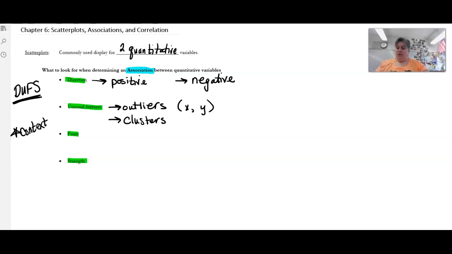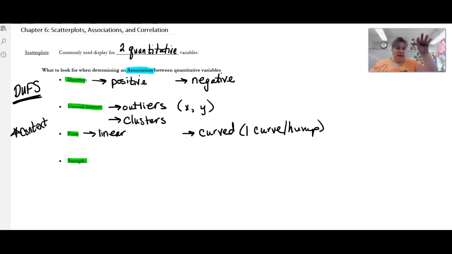Okay, when describing form, there's actually four forms. There's linear, which is what it sounds like, a line. There's, I'm going to put the next one here, curved. Now here's the thing with curved. Curved only has one hump. It has one curve. So quadratics are curved, exponentials are curved. Things that only curve once are curved.